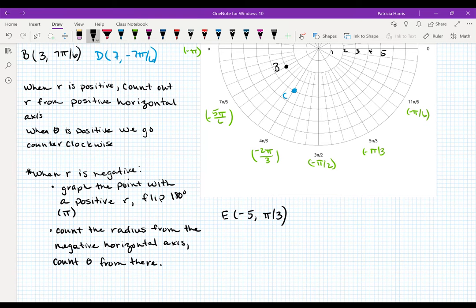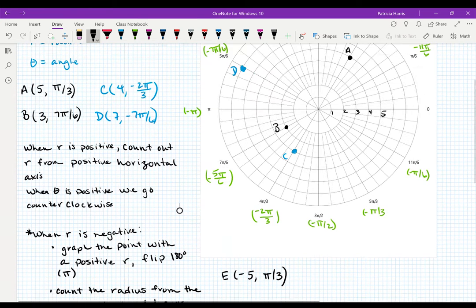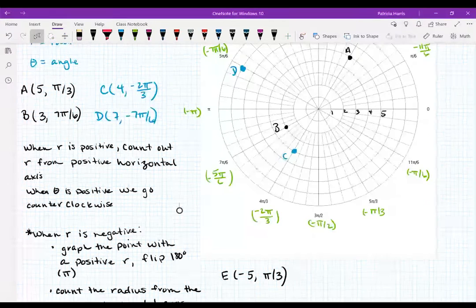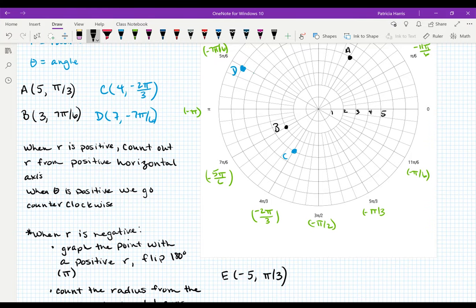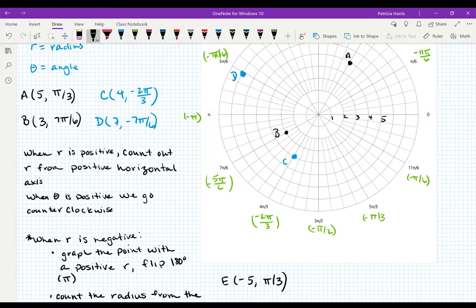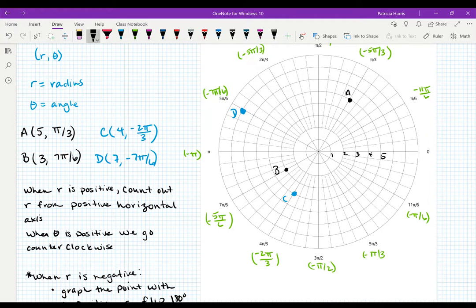I'm going to do the first method first. I'm going to pretend that I'm graphing the point 5, pi over 3. So I'm where A is. But now I'm going to flip it across 1, 2, 3, 4, 5. And that's where my E is.